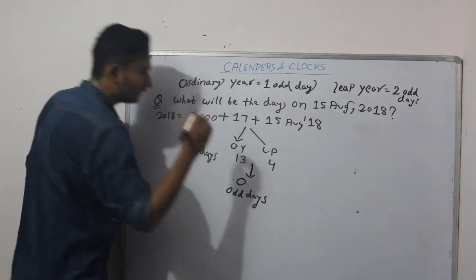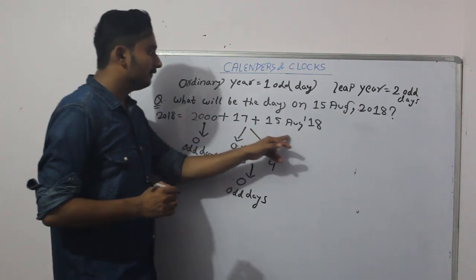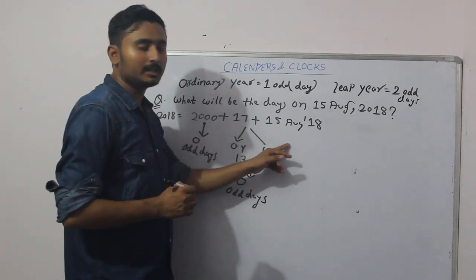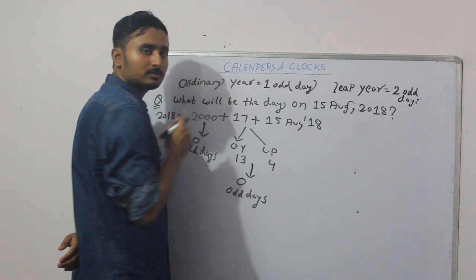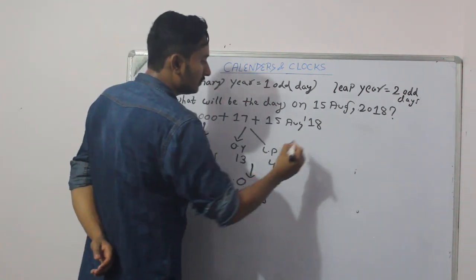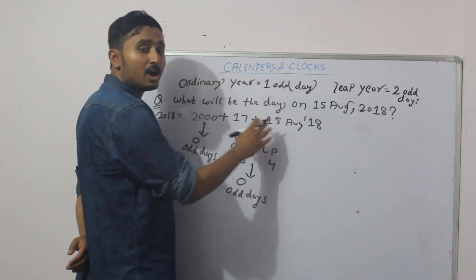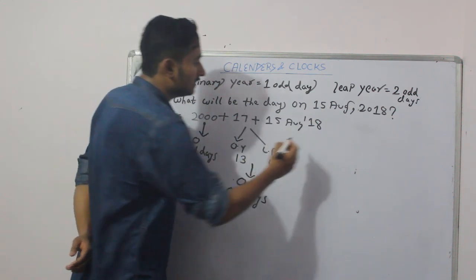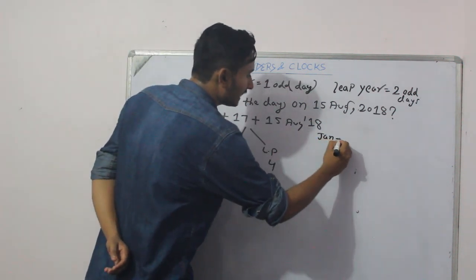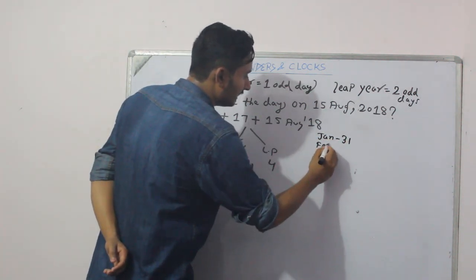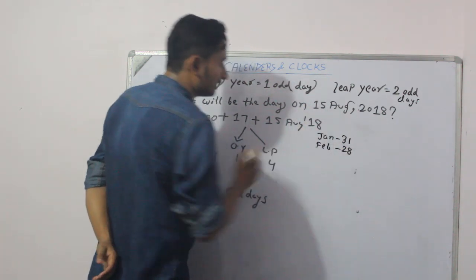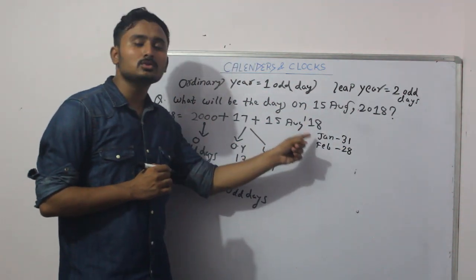Now, 15th of August 2018. Here, up to 15th August, how many days do we have? In January we have 31, in February we have 28. Why 28? Because this is 2018.